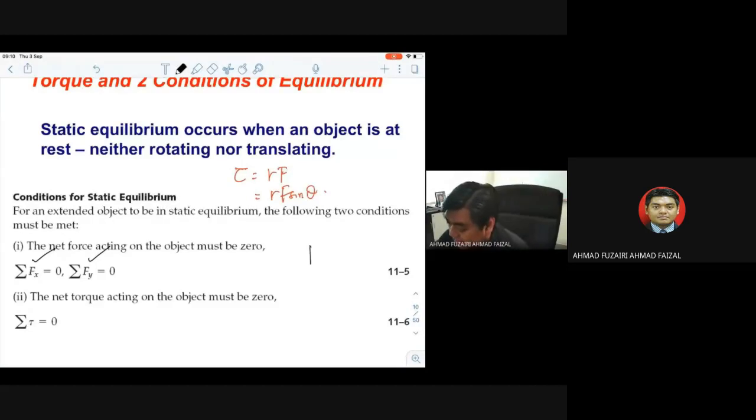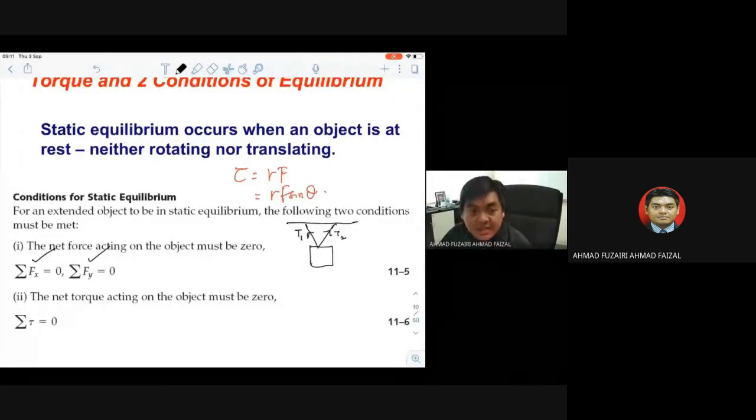That is based on, let's say, if you want to hang a picture, or a traffic light, at a certain T1 and T2, these things are considered as an object in static equilibrium. It doesn't move on the x-axis and also the y-axis.